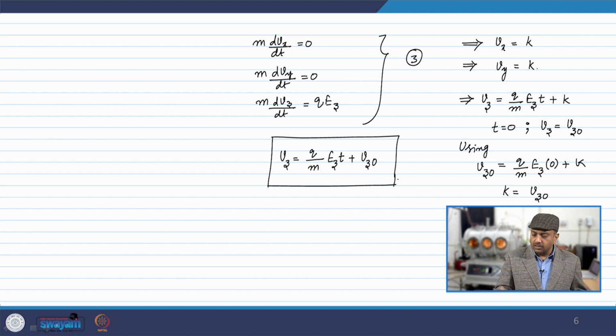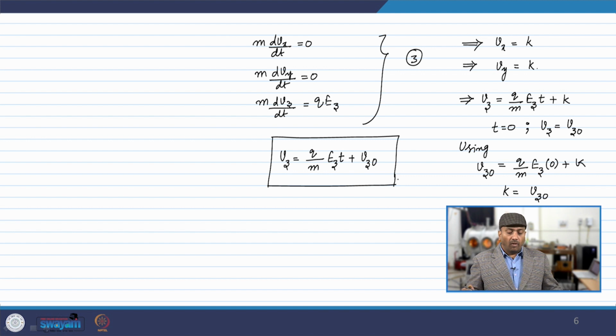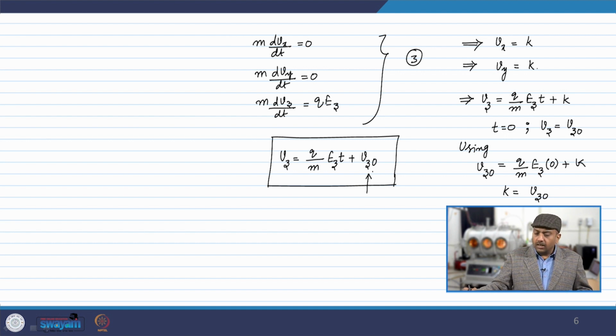Due to the presence of electric field along the z direction, the velocity of the particle along the z direction is influenced by this. So, you have this initial velocity before it senses the presence of electric field, and then you have a linear acceleration along the z direction, right. Now, more importantly, we have to understand that velocity of the particles along x and y directions remains constant, it will not change.